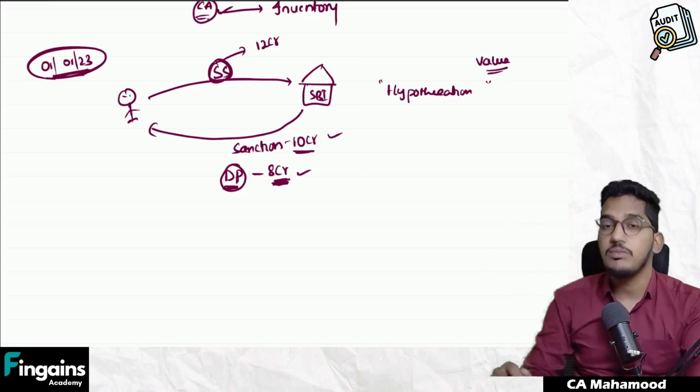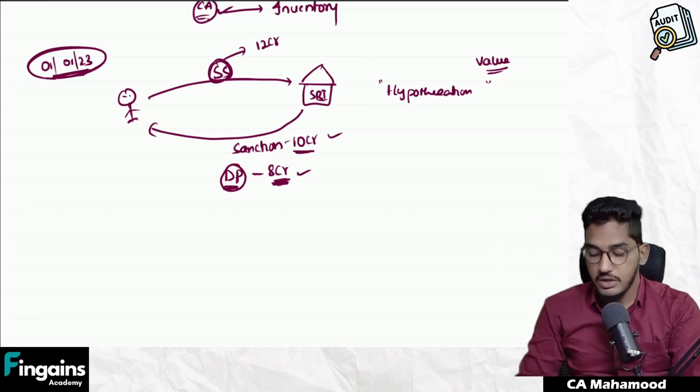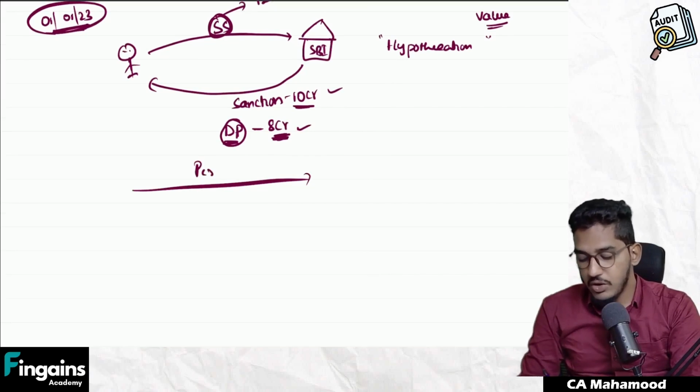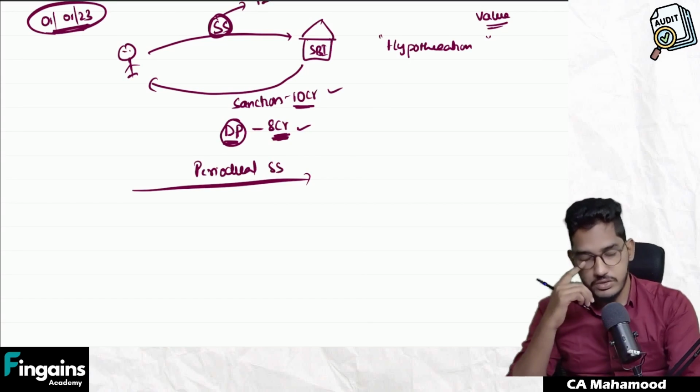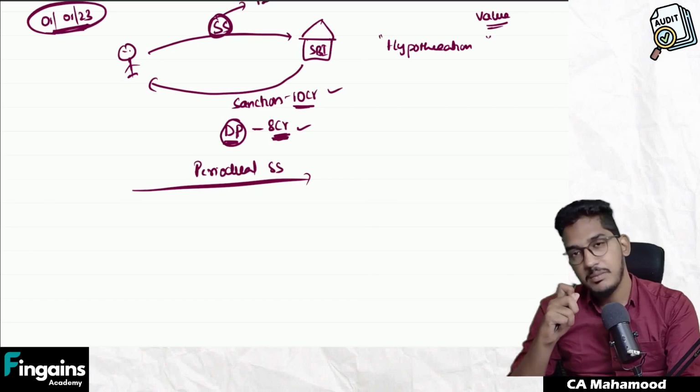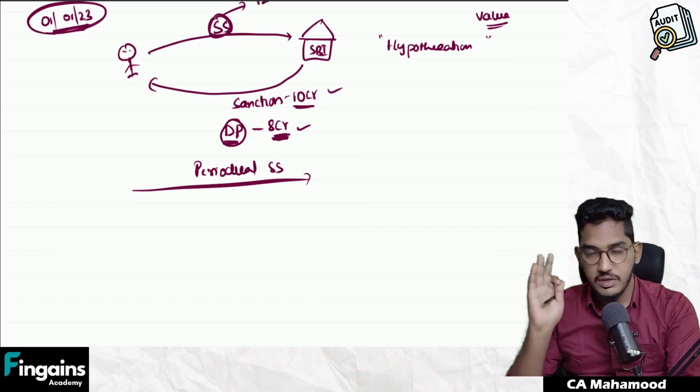Sir, how will the banker come to know about the status of the stock? Generally, when banks give working capital loans, they will ask the borrower to submit periodical stock statements. Sir, what is that periodicity? Generally, the RBI says the bankers can accept stock statements once in maximum of 3 years.